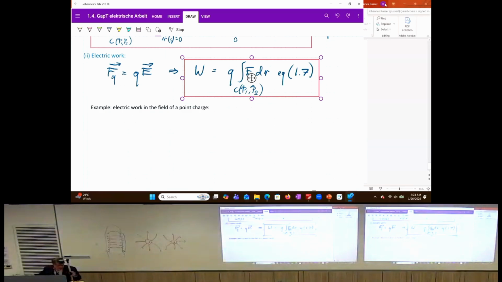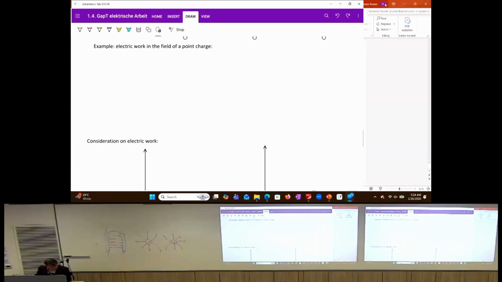Now we have to see what happens with a point charge and what paths actually may contribute to the work that we have to put in, and maybe other paths are not affected here.